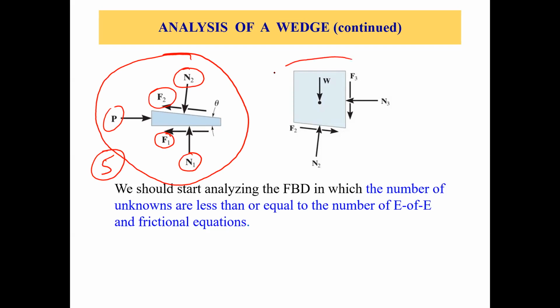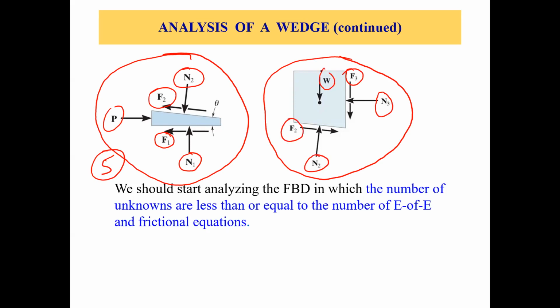Now, if you take a look at the free body diagram of the weight, or the box on top of the wedge, we have 1, 2, 3, and 4 unknowns, because we know the weight, so it is not an unknown. So we have 4 unknowns in this free body diagram, fewer than for the wedge.